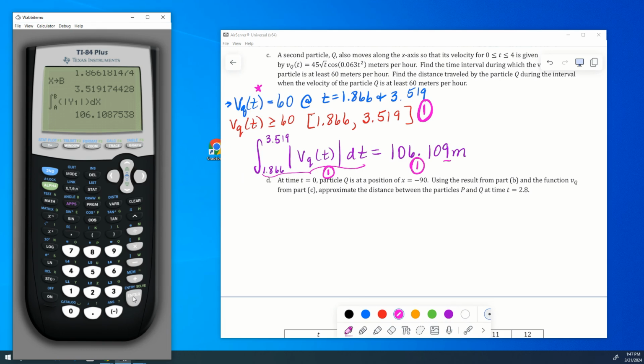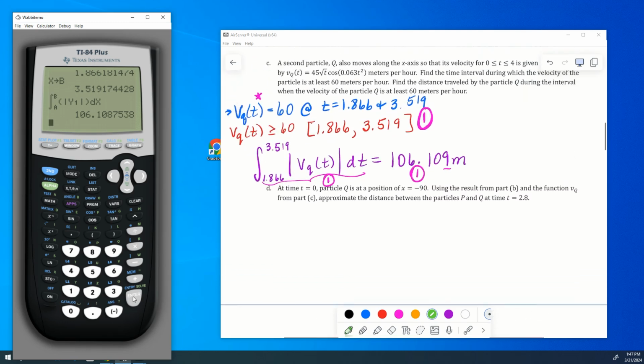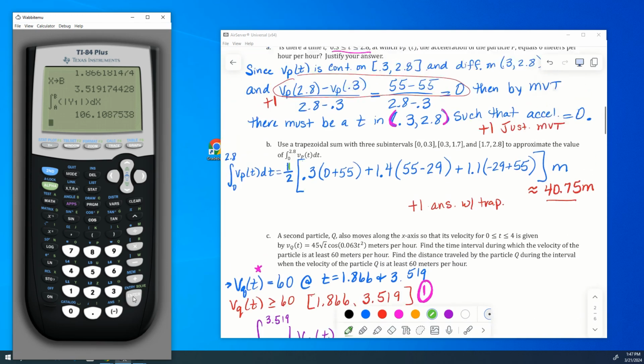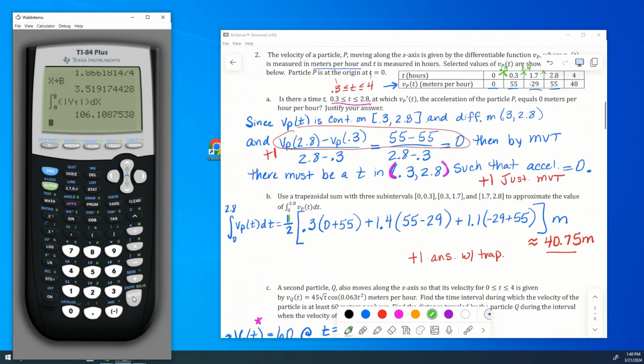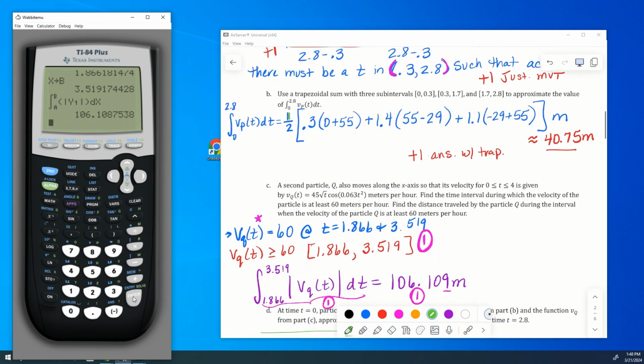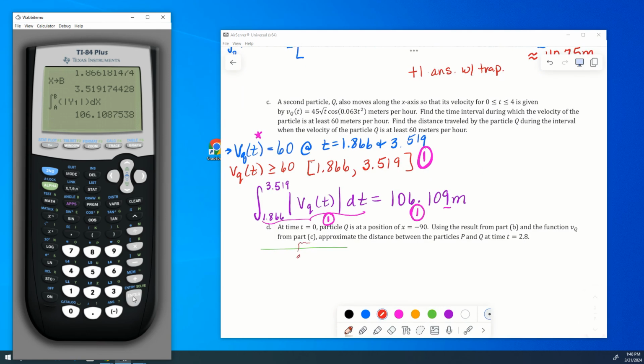So you kind of have to think about what's going on, and obviously not that you have to draw this by any means, but you're like, okay, so the particles are on the number line, right? It told you that particle P started at t equals 0. And so he's going over here and traveling along here. And then he may decide he's turning around, and then he's going to go back this way.